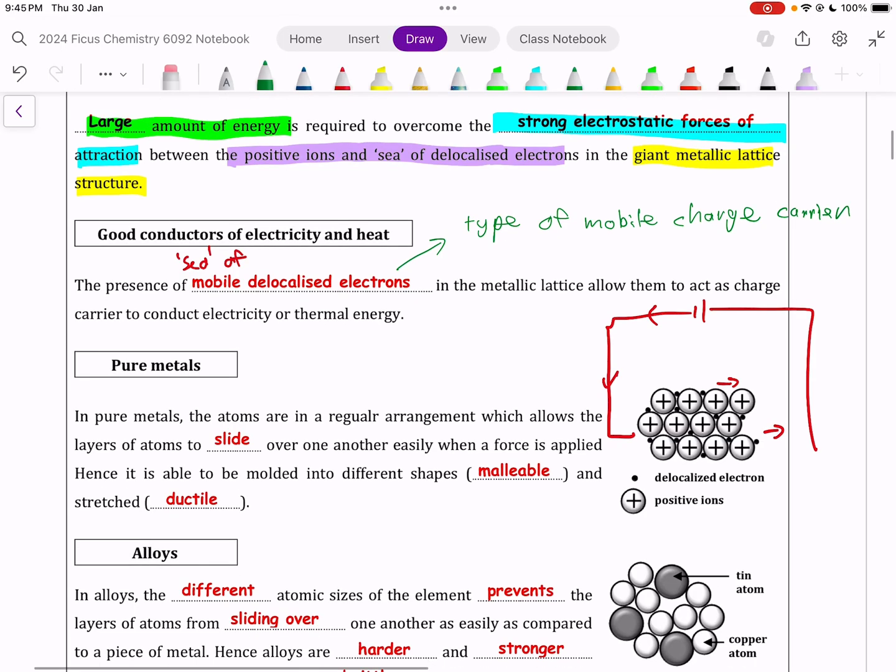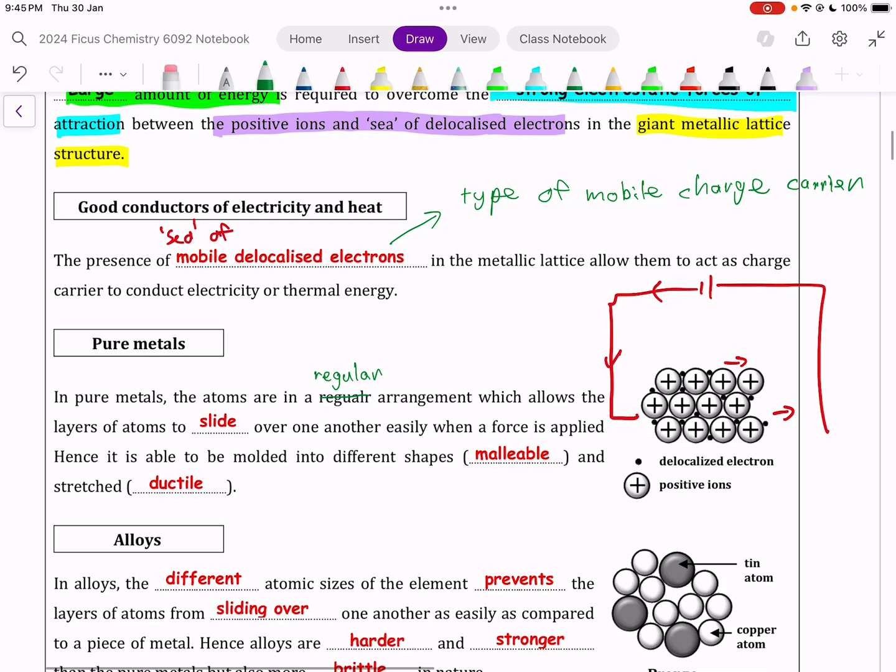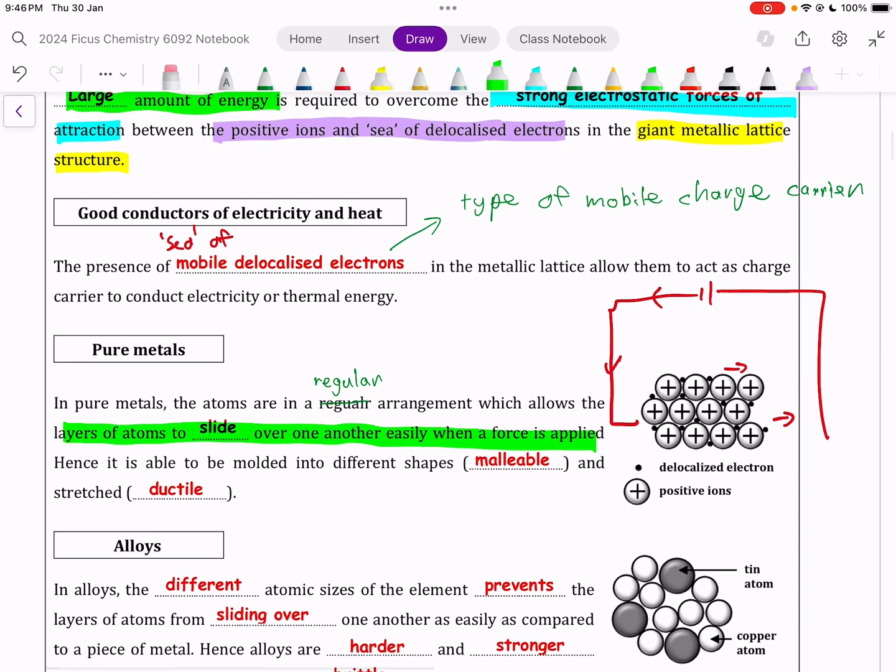Then for pure metals, why are they ductile and malleable? Small typo: regular. In pure metals, the atoms are in a regular arrangement, which allows the layers to slide over one another easily when a force is applied. So that's why they are ductile and malleable. Of course, malleable means you can bend easily without breaking.